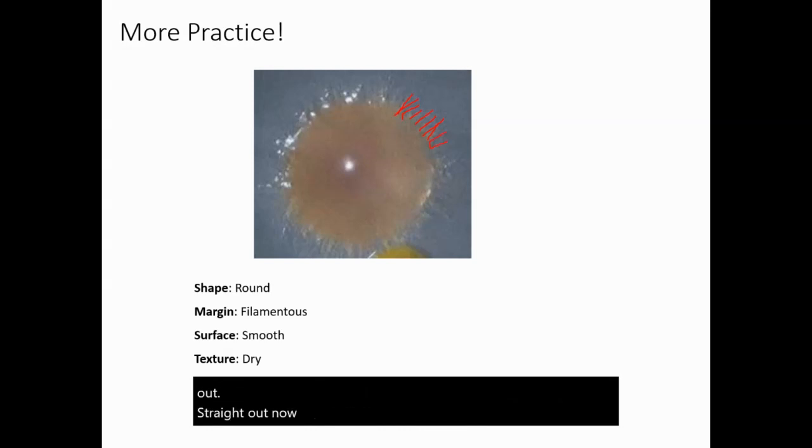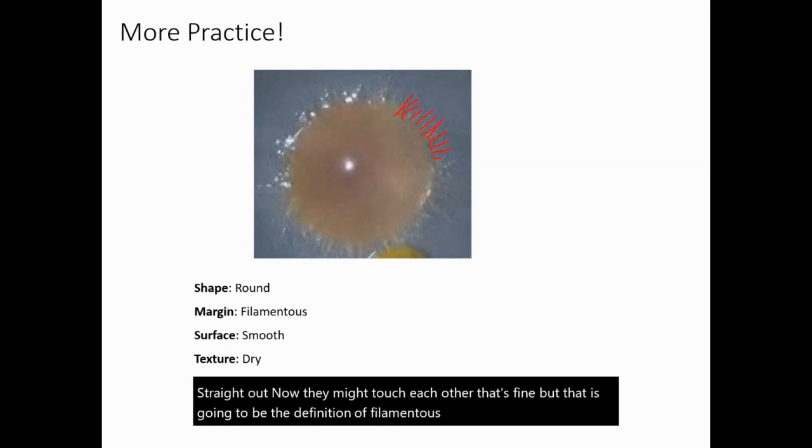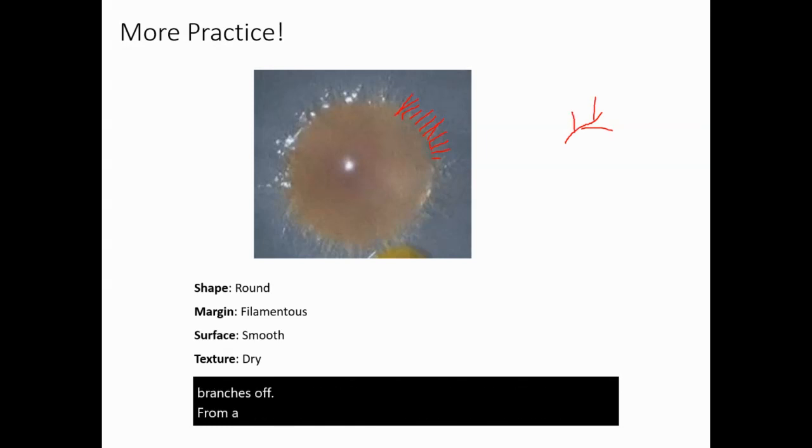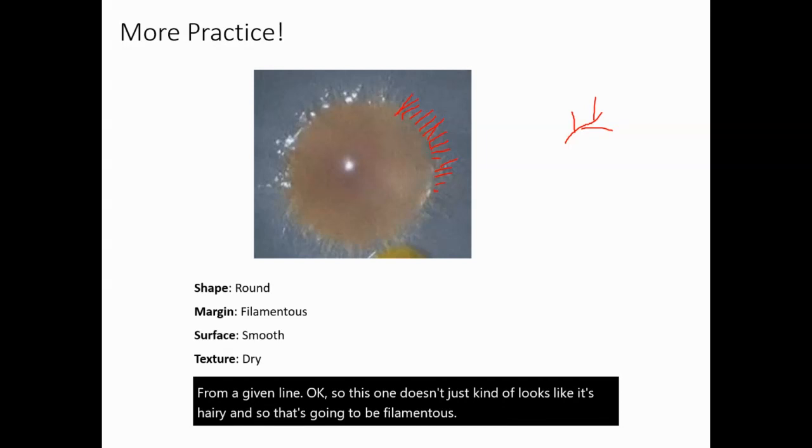Now they might touch each other, that's fine, but that is the definition of filamentous. Remember, rhizoid, which is the one people tend to confuse with filamentous, is where it branches off from a given line. This one doesn't, it just looks hairy, so that's going to be filamentous.